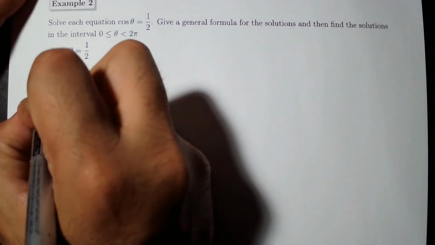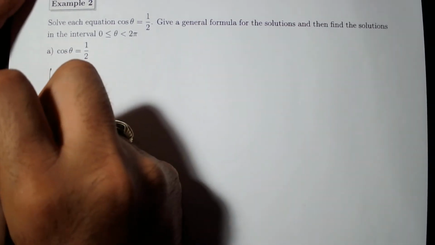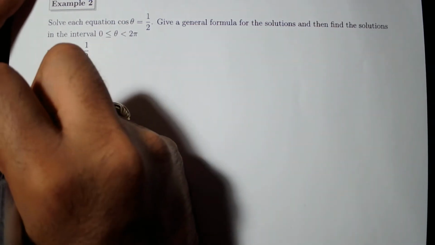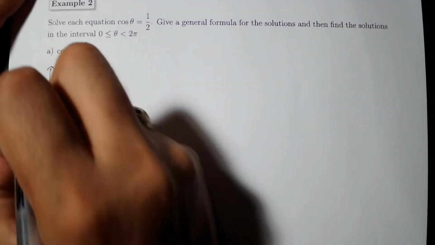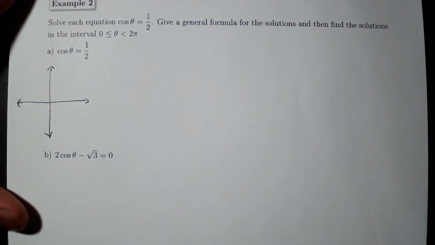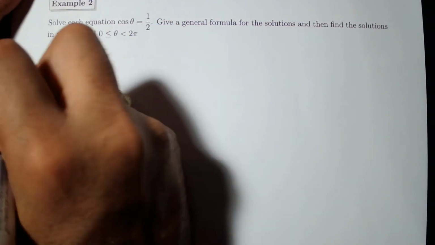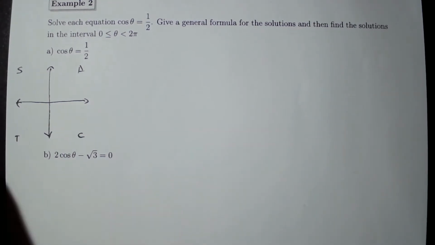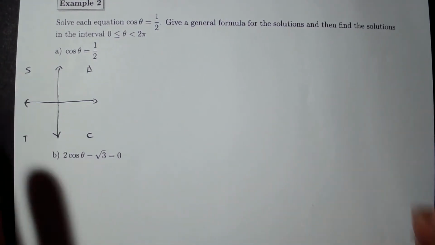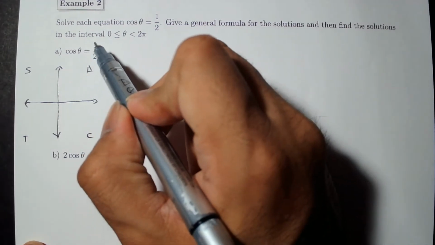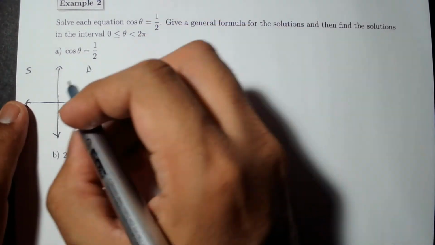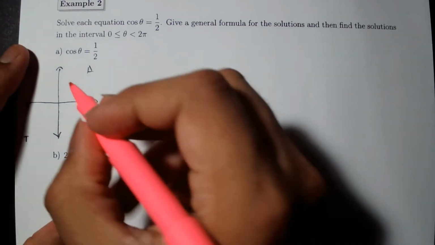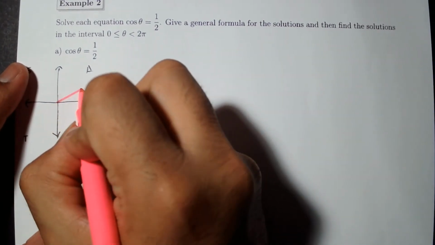So for example, let me draw a Cartesian plane. And recall the ASTC, which is going to tell us the signs of the trigonometric functions. In this case, we want cosine to be a positive value. That means cosine is positive in the first quadrant.